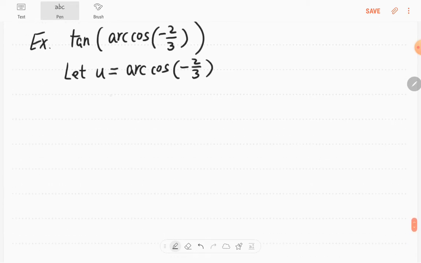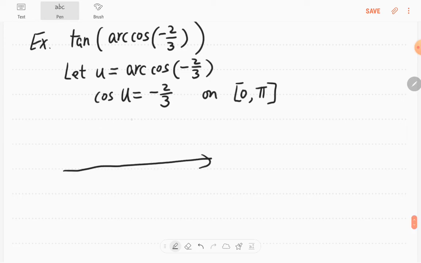That means cosine u is equal to negative 2 over 3. This is on the interval from 0 to pi, so the terminal side should be in the second quadrant. Cosine in the second quadrant is a negative number. So this is our u.